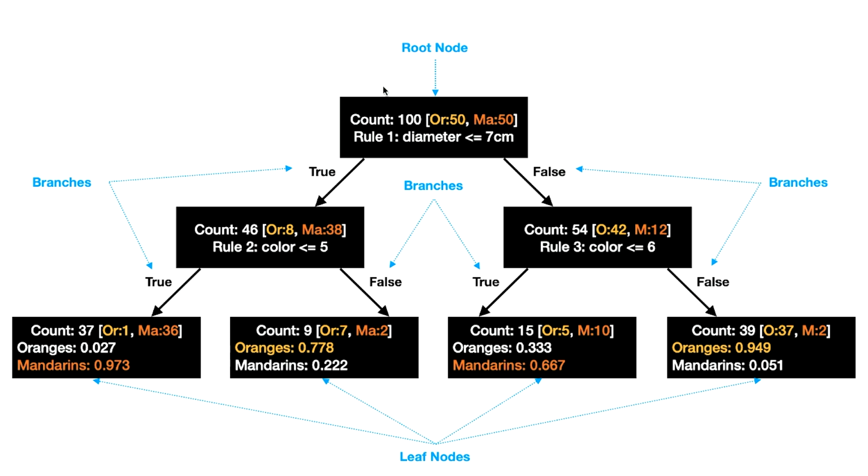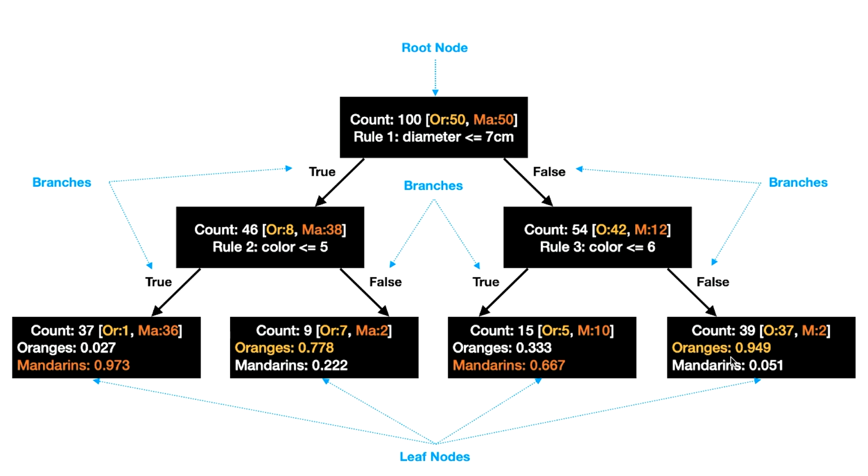The root node checks whether the diameter, for example, is less than 7 or not. And the second branches are based on color. Based on that, classes will be defined by which one has more fractions.